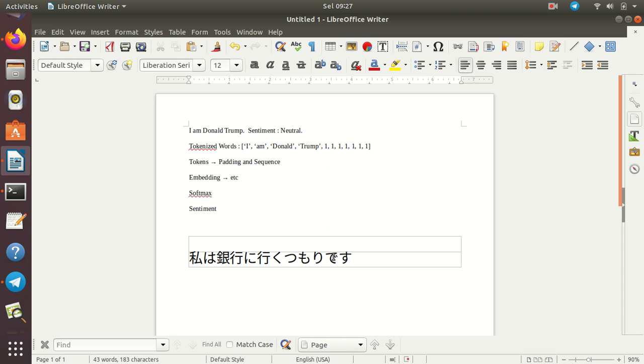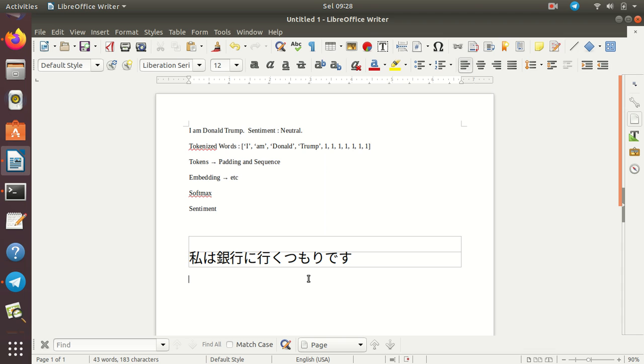So what are we doing here? You cannot do it per word because we don't have spaces here. There's no space in Japanese. So what do we do?